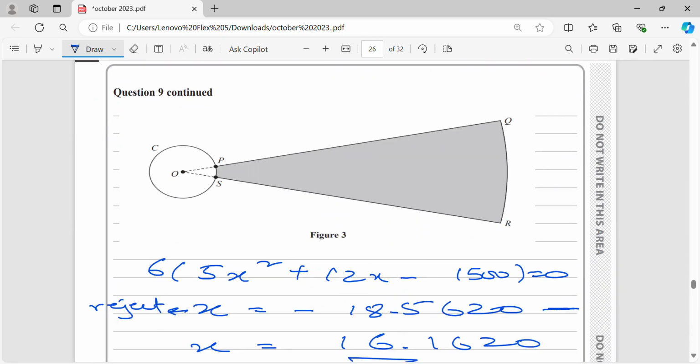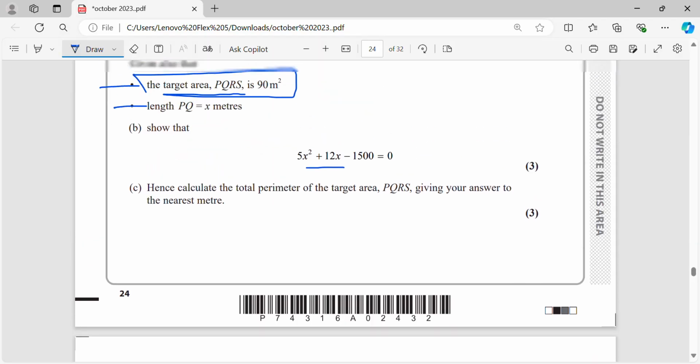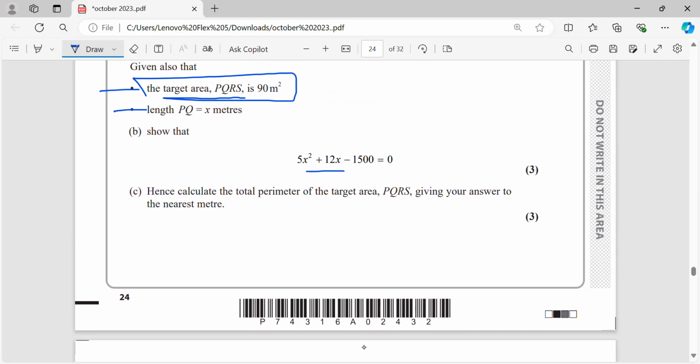This is done here. And then in the next part: hence calculate the total perimeter of the target area PQRS.